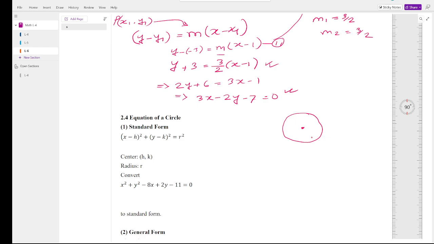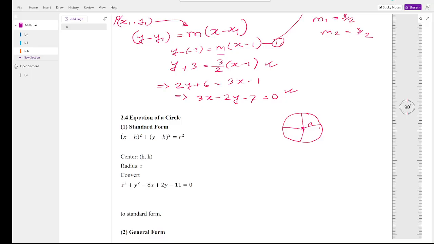Okay. I already said a circle is a set of points at a fixed distance from a fixed center. This is the center and this is the distance. We know this distance is the radius r, and all sides of r are the same. So fixed center and fixed distance, it's called a circle.